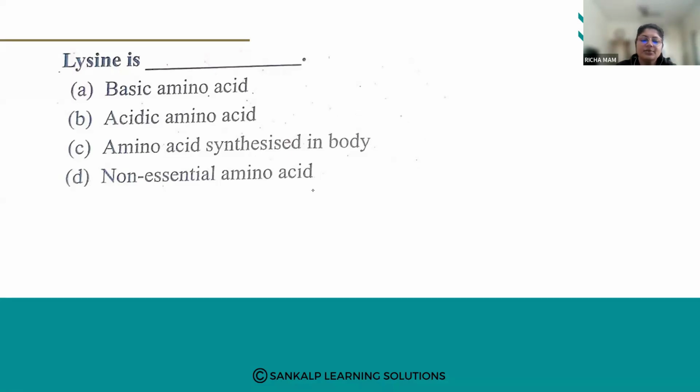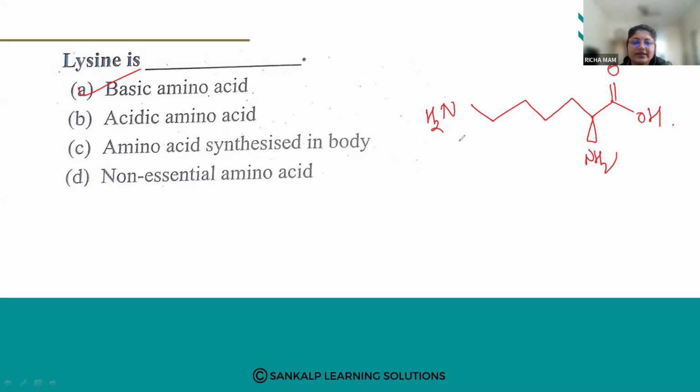Lysine is a basic amino acid, so option E. It consists of a basic group. The lysine structure is like this: NH2, and an additional NH2 is there. So it is a basic amino acid. So the answer is option number A.